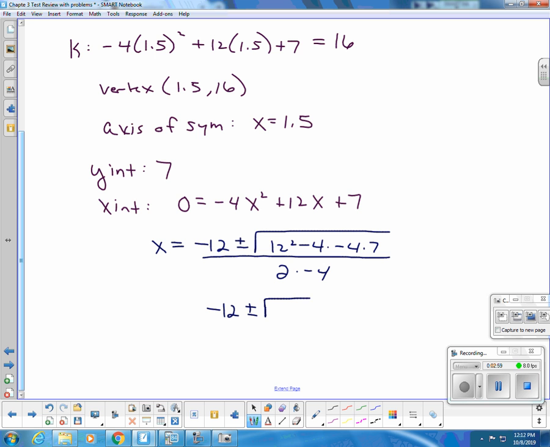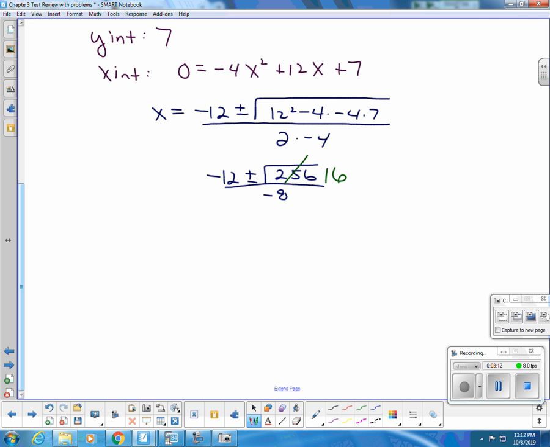We could have factored this. But that negative A value is kind of hard to see. So the square root of 256 is 16.